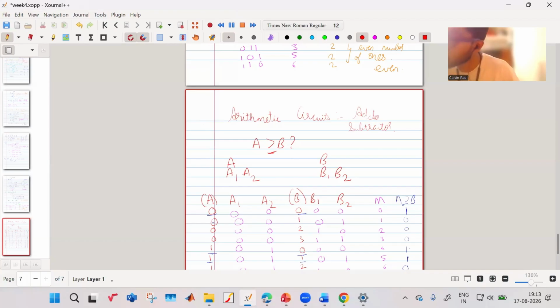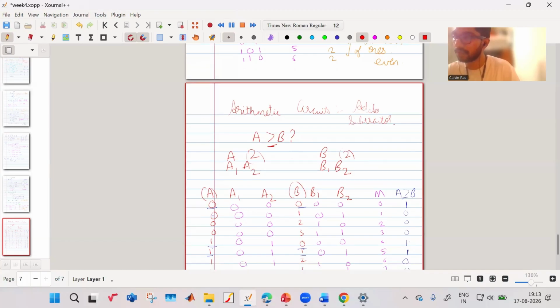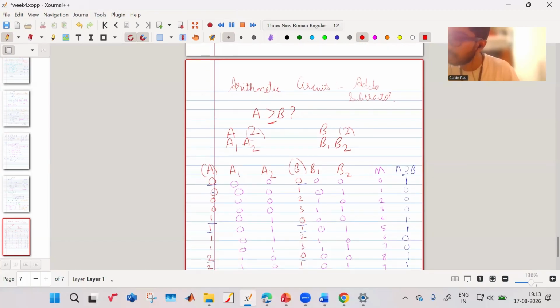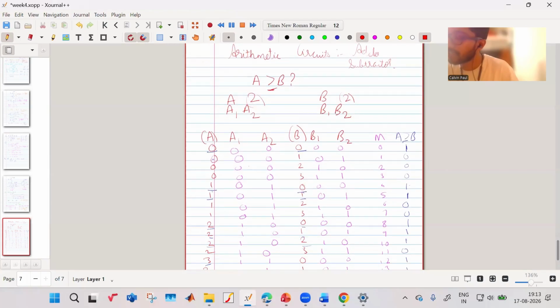A is a 2-bit number, B also is a 2-bit number. So A1, A2 are the bits, B1, B2 are the bits. We'll assume A1 is the MSB, A2 is the LSB, B1 is the MSB, B2 is the LSB. Then you write down the bits A1, A2, B1, B2.